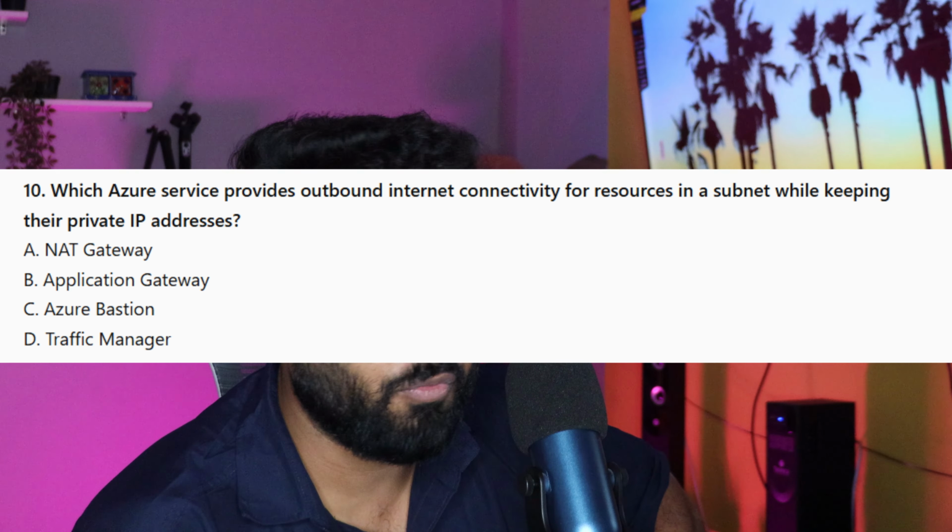If you don't know the answer, I'm just telling you, if you know what Application Gateway does, the meaning of Azure Bastion host, and of Traffic Manager, then blindly you can go for NAT Gateway, because it provides outbound internet connectivity for resources in a subnet while keeping their private IP address. So the answer would be NAT Gateway.